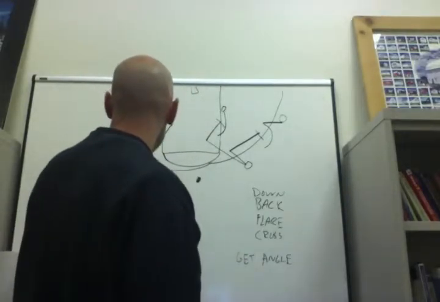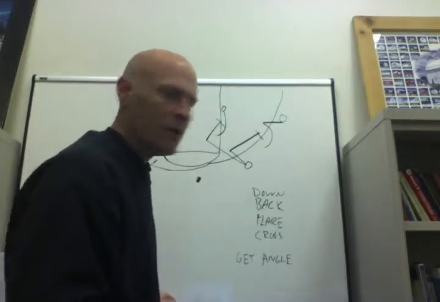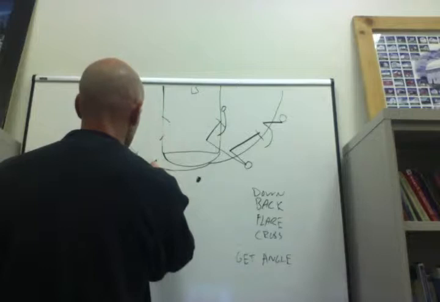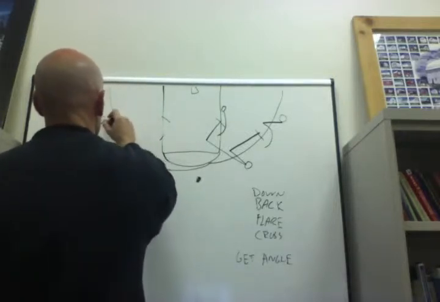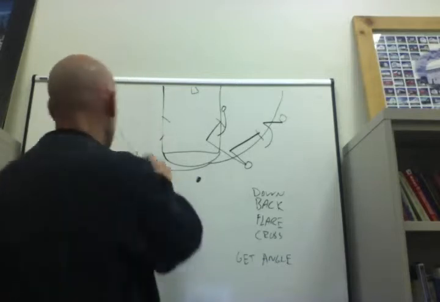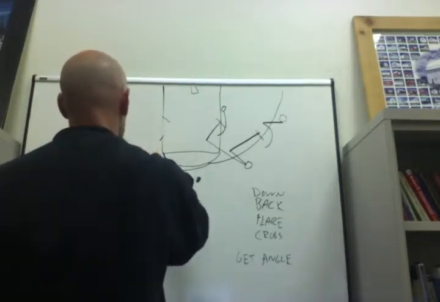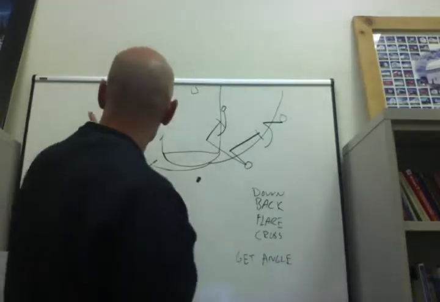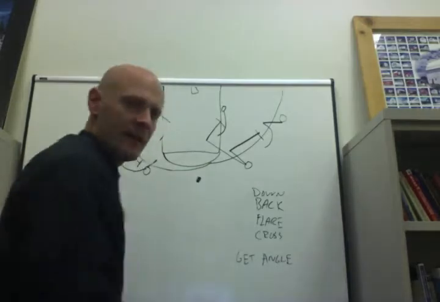The flare screen, the angle that we want in that scenario is we want the screener to have their butt to the corner of the floor. So corner of the floor, and we're setting that flare screen.